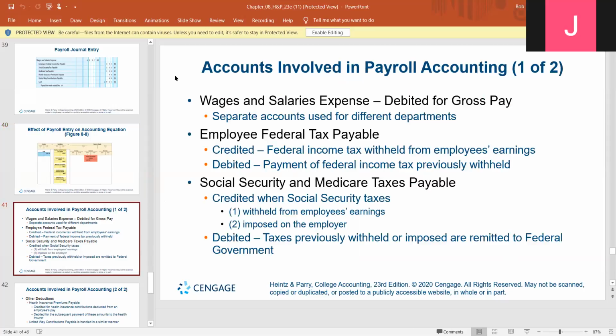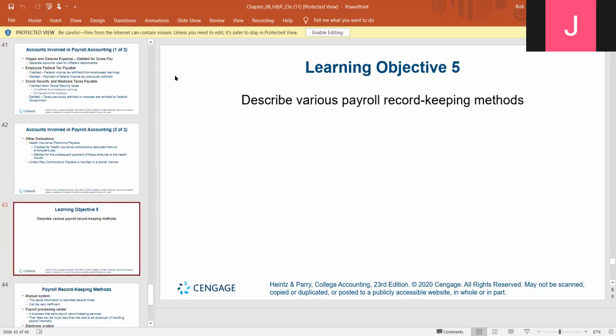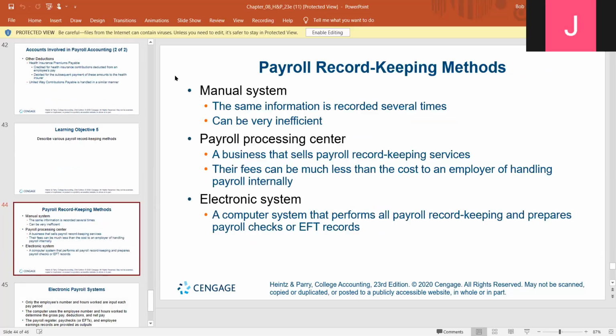And the accounts involved in payroll accounting, we kind of just went over this a little bit. They talk about different methods: manual, payroll processing center, electronic system. Many companies farm out the payroll function. Doing payroll is not a strategic value added step for a company.